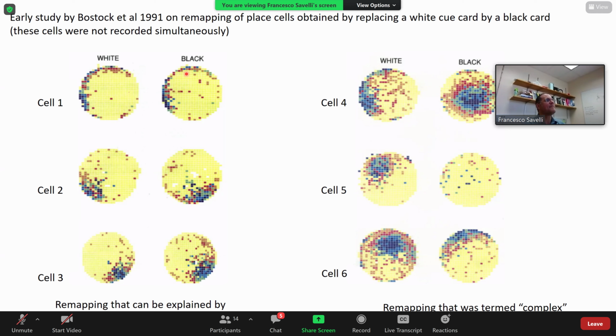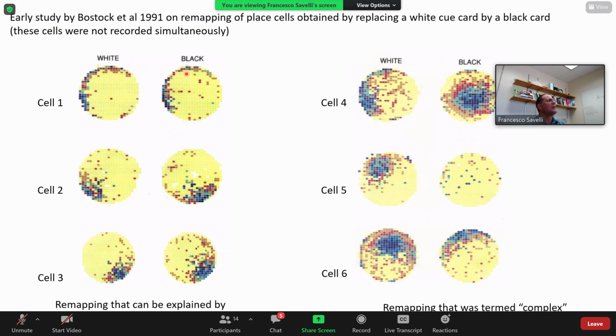And they looked at what happened with place cells. We've seen these experiments where we rotate the cue card and we found that place cells rotate and head direction cells rotate. But here is different. Here you're not rotating the cue card, you're switching from black to white.